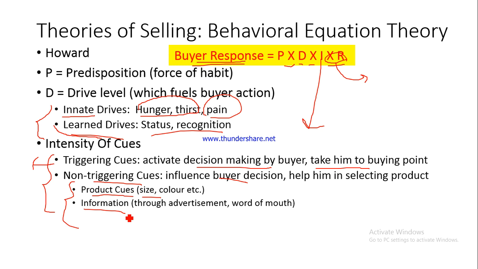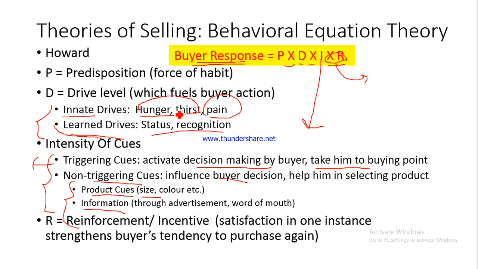So just before you are joining, you decide that you have to buy formal wear. Now this is a triggering cue. Your joining letter was probably a triggering cue here. But what was a non-triggering cue? When you go to the market, then you decide, okay, I'll buy this particular shirt, this particular trousers, and you decide this based on the color scheme of the shirt or the trouser. Now this is a non-triggering cue, right?